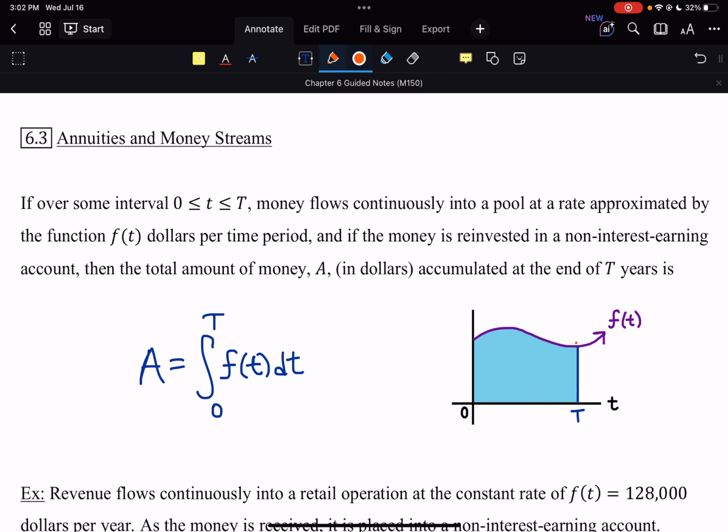So we've got our function f of t, that is talking about our continuous money flow. The value goes from 0 to T, so that's how far time passes.